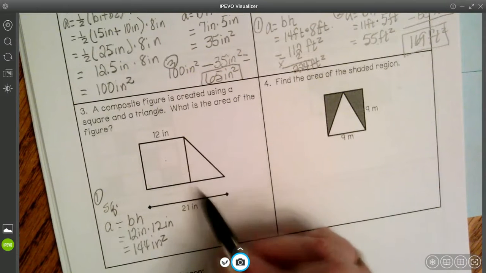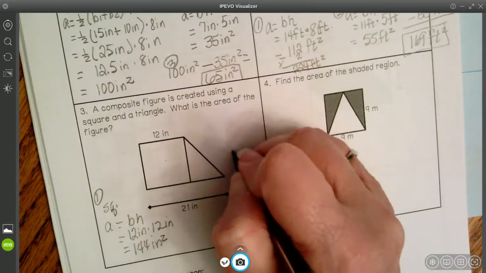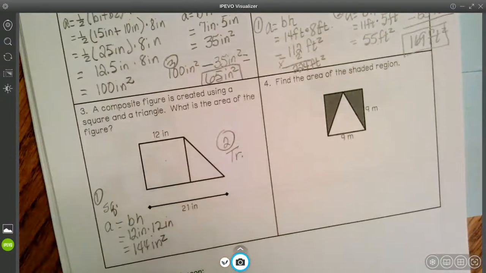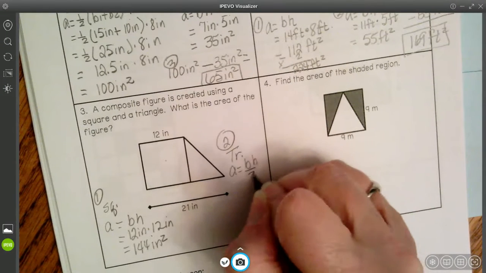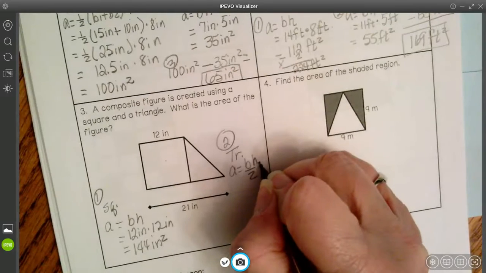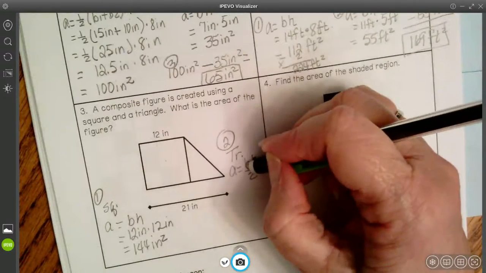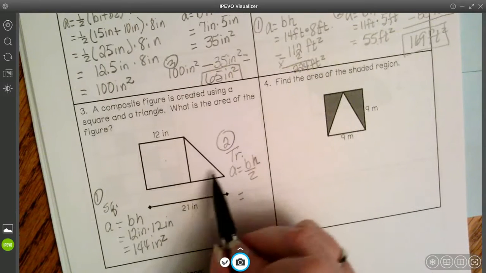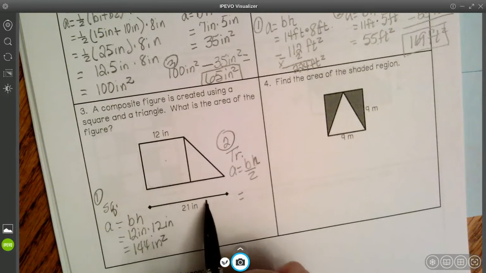Okay, the triangle we need to find, and this is step 2, and we're going to use area equals base times height divided by 2. So that means our base of our triangle, if we look right here, the whole thing across says it's 21.